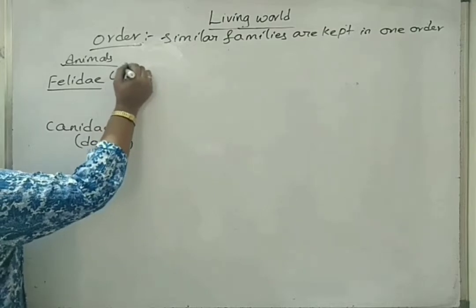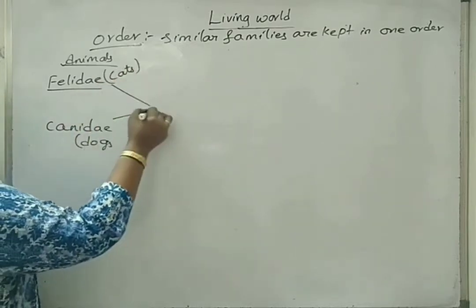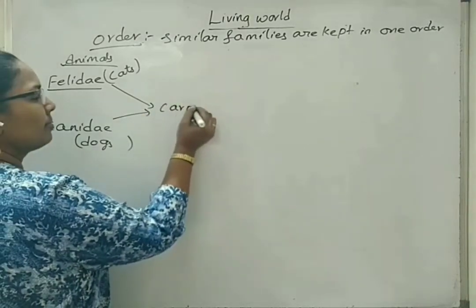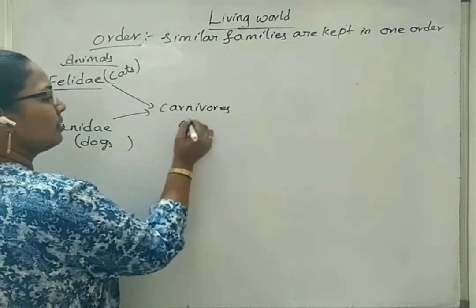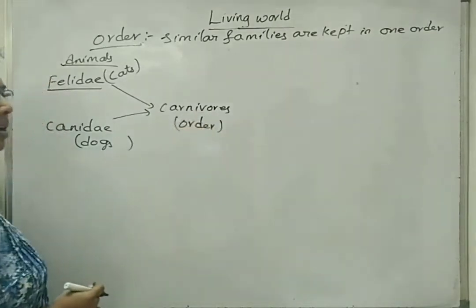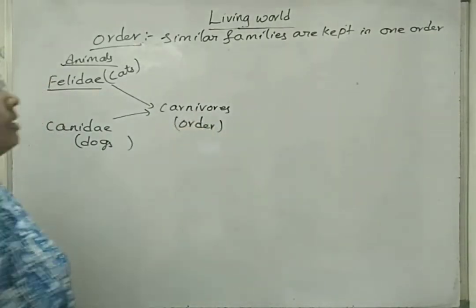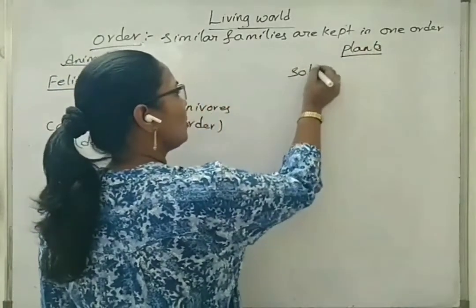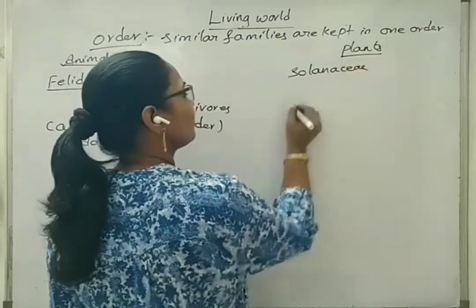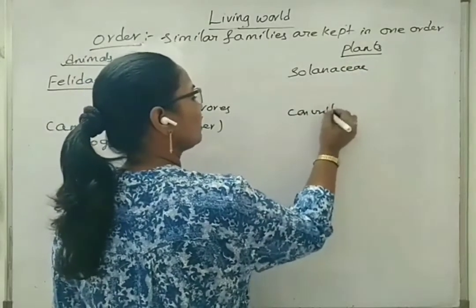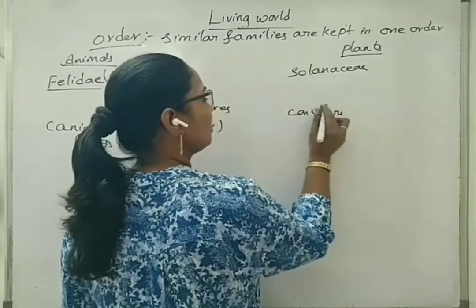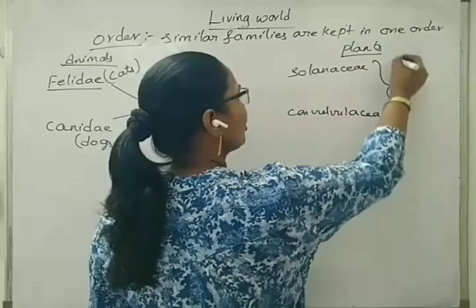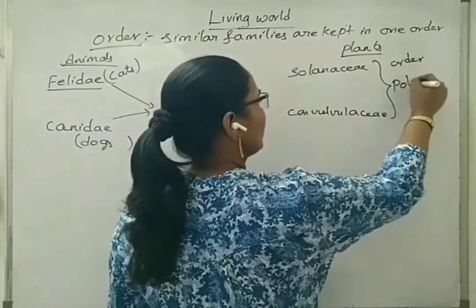Both come under the same order, that is Carnivora. So carnivore is the name given to the order. Coming to plants, we have seen the family names Solanaceae and Convolvulaceae. Both belong to order Polemoniales.